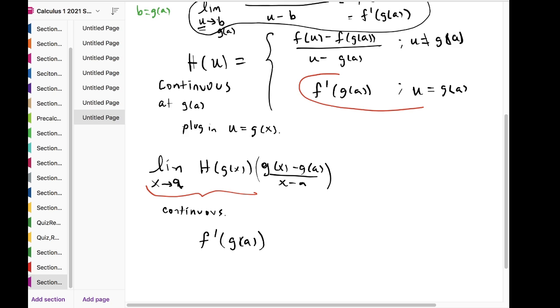It's this at a, and hence g of a. As x approaches a, g of x is going to g of a, which is u. And then what is g of x minus g of a? Well, we had established that this was g prime. So that's the derivative.